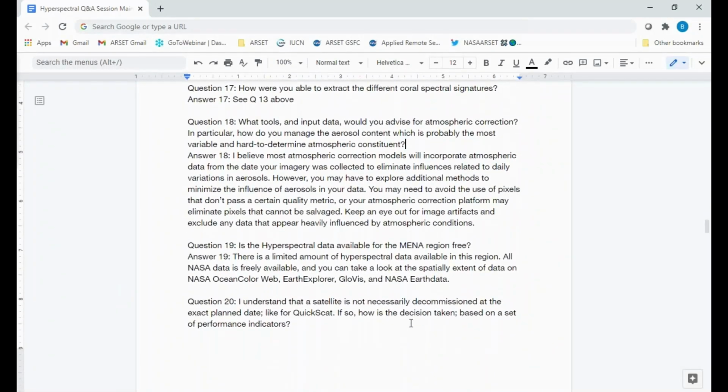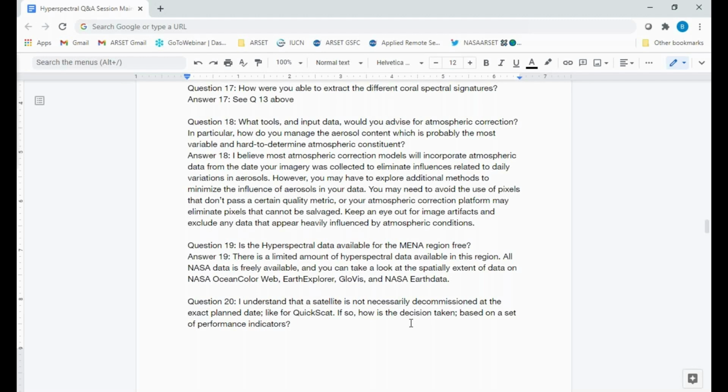Question 18, what tools would you advise for atmospheric correction? In particular, how do you manage the aerosol content, which is probably the most variable and hard to determine atmospheric constituent? Yeah, that is quite a complicated question, I would say. I believe most atmospheric correction models incorporate atmospheric data from the date your imagery was collected to eliminate some of the influences related to daily variations in aerosols.